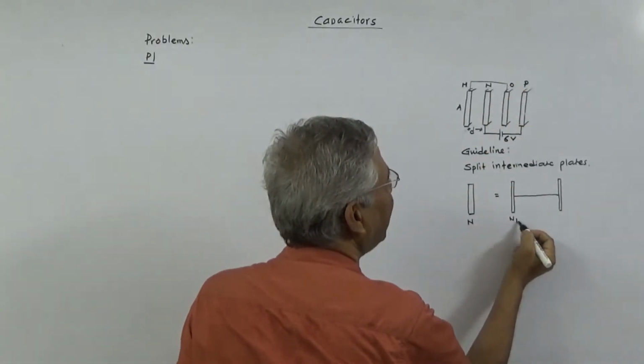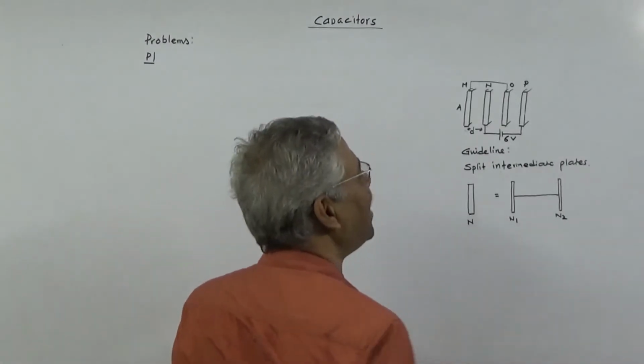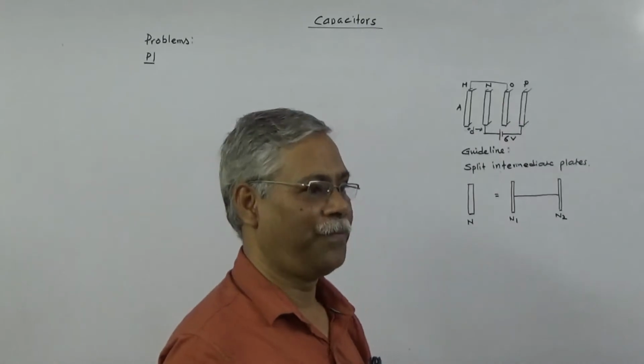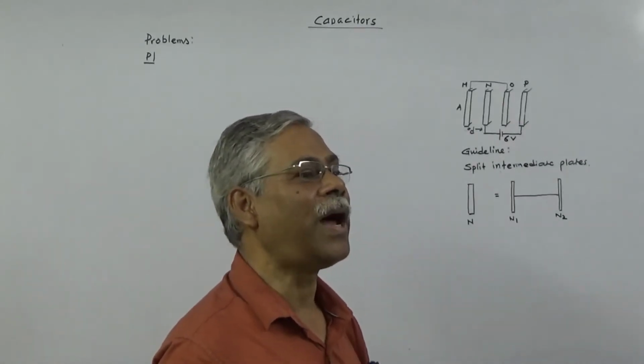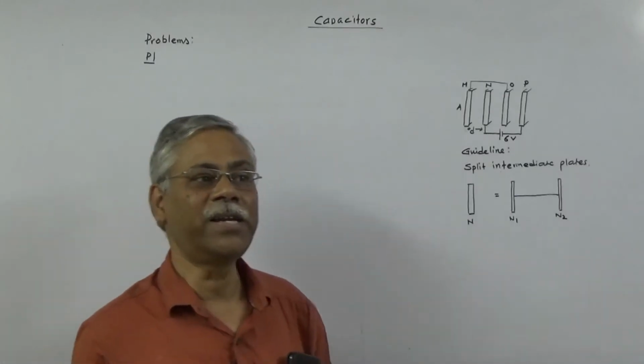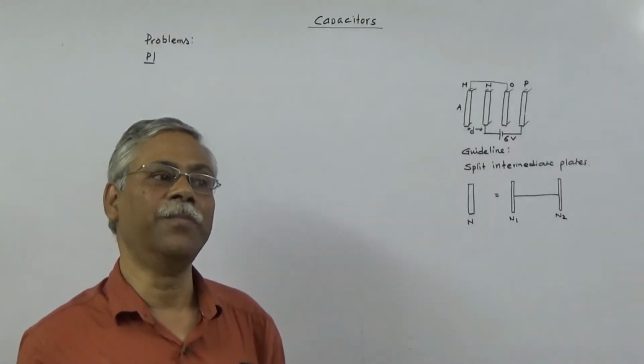So I have split the plate in. This becomes N1, this is N2. Similarly, I will split O. I will get O1 and O2. And I will redraw the circuit to get a simple combination.